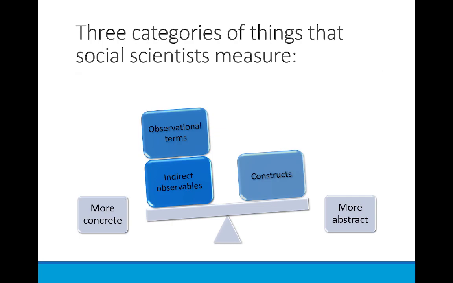And so when we think about measurement and developing scales, some things are obvious, like your age or something, and some things are a little bit more abstract. Even something like gender can be a little bit more abstract, and how we measure it is open to some definition. So the word constructs is important for you to know for your quiz this week. Construct is an abstract understanding of a social issue.